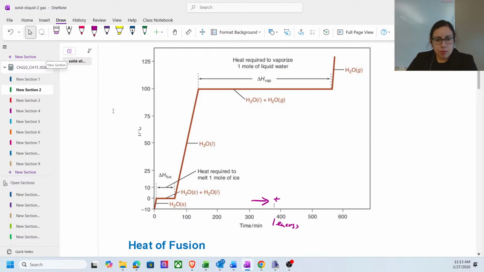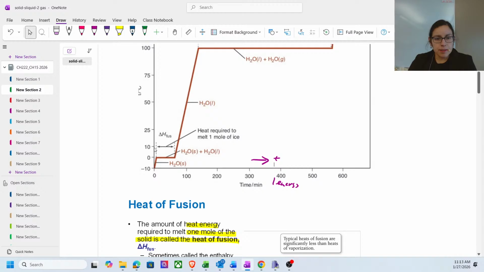Now let's look at a few places, at where the heat of fusion occurs. This is our state change, and it's characteristic. Once we find our plateau here, notice there's no change in temperature, so all our energy is going into our state change.